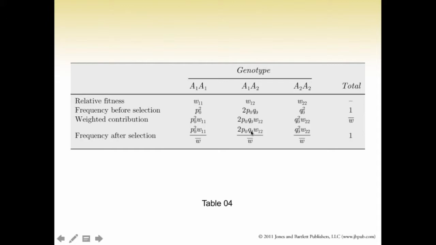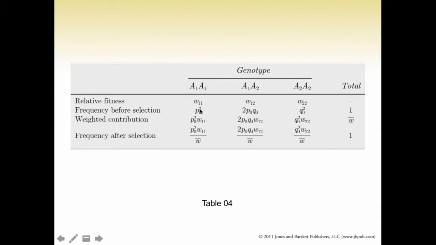We use W as a common symbol for fitness, and we're going to use 1,1, 1,2, or 2,2 to indicate which genotype it is. So 1,1 is the A1A1 homozygote, and W1,2 is the fitness of the heterozygote.